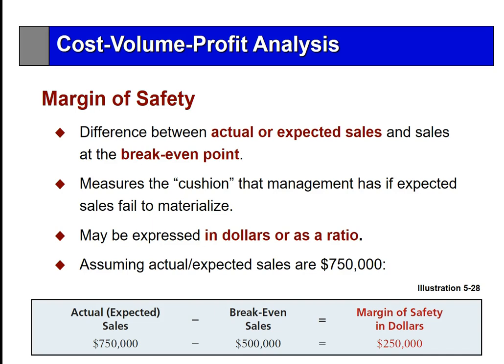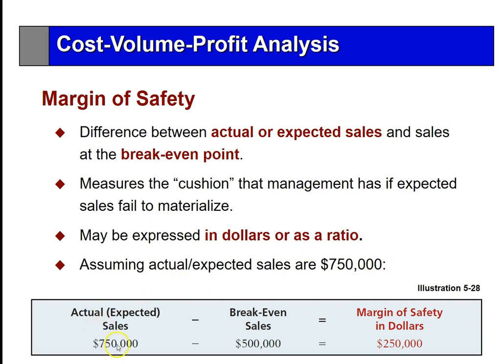So you can see by comparing what a company is actually doing to what it needs to do to break even, we can determine the size of the cushion, i.e. how far sales can drop before they move from a profitable to an unprofitable situation.